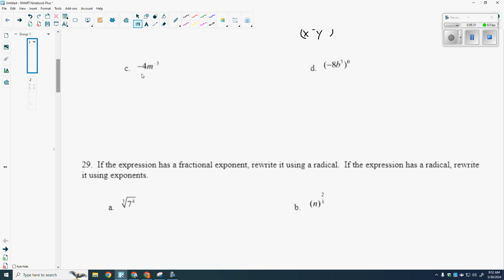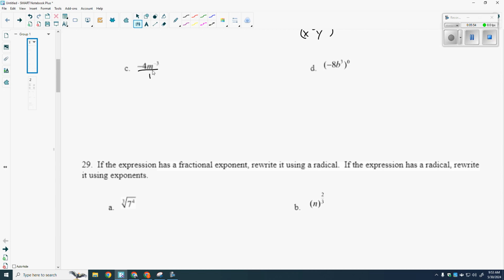All right, this negative coefficient does not make this 1 over 4. A negative exponent is what makes it 1 over. This negative 4 I'm just going to leave alone. I want to show you another way of thinking about this. Think about this as a fraction.